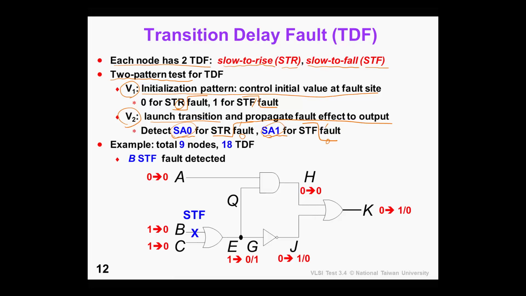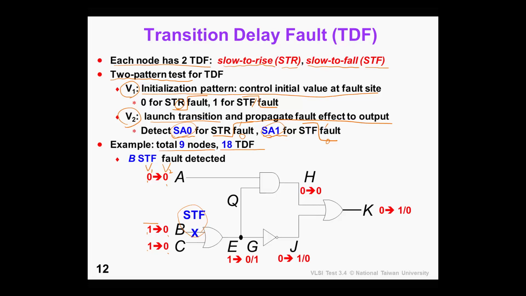Let's see an example. In this circuit, we have a total of 9 nodes, so there are 18 transition delay faults in the circuit. Consider B slow to fall fault. Suppose we apply a two-pattern test. In the first test pattern, we apply 0, 1, 1. In the second pattern, we apply 0, 0, 0.